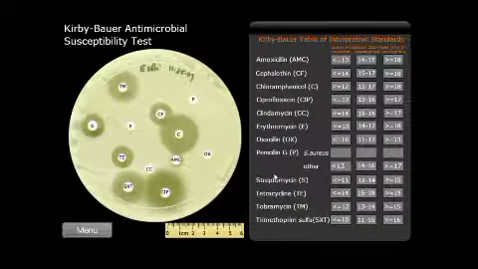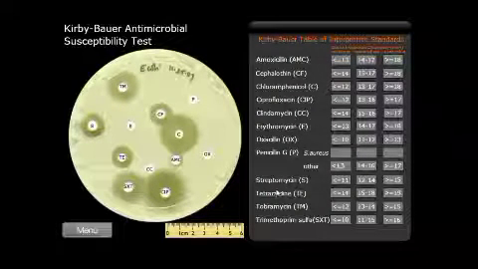Kirby-Bauer antimicrobial susceptibility test. The diffusion test or agar diffusion test or Kirby-Bauer test is a test of the antibiotic sensitivity of bacteria. It uses antibiotic discs to test the extent to which bacteria are affected by those antibiotics.